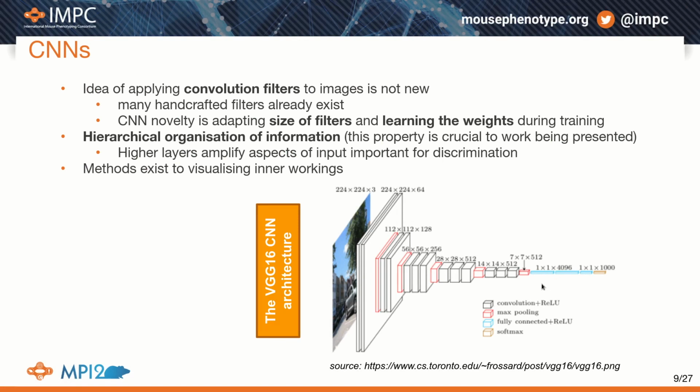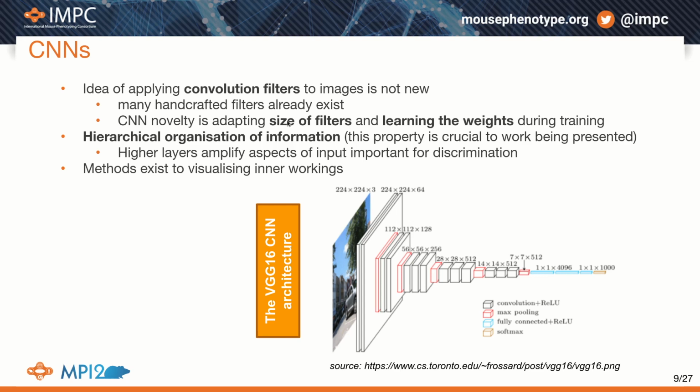So going forwards, the idea of applying convolutional filters to images is not new, and we already have many handcrafted filters, but in CNNs, the data is what determines the values of the weights, and also we are not limited to 3x3 filters.